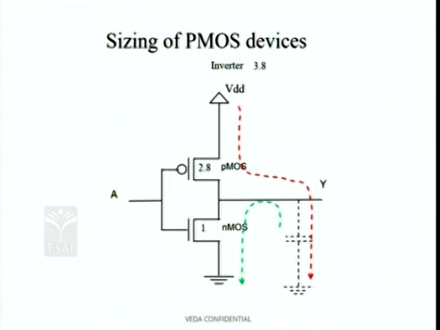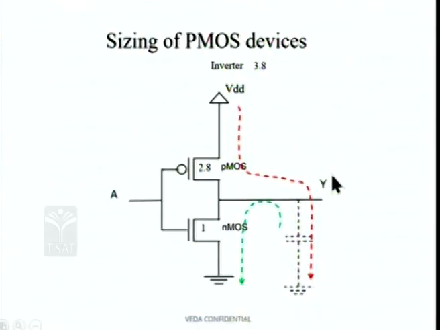We will look at sizing of the PMOS devices. One thing you must know from your earlier study of semiconductor electronics is that mobility plays a very important role in the expression for the current of a PMOS and an NMOS device.